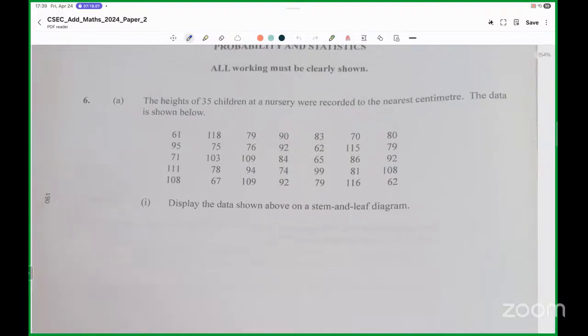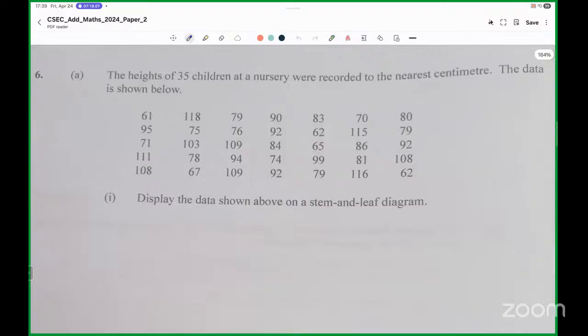All right. Let's go straight to the question. This question says, the heights of 35 students at a nursery were recorded to the nearest centimeter. The data is shown below. Now, the first thing you want to do when you get data is check if it is in ascending order. When you're doing statistics and you have a number of data values, you want them in order. It can be descending order as well, but we tend to work with ascending order mostly.